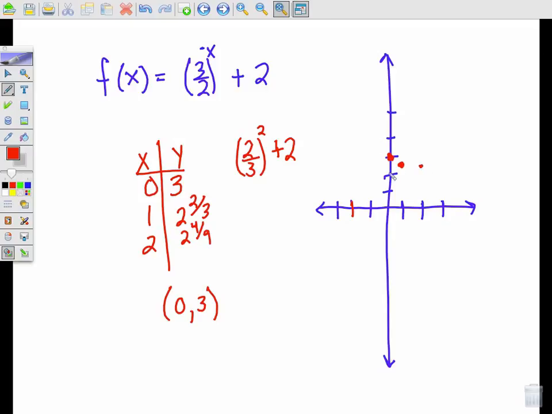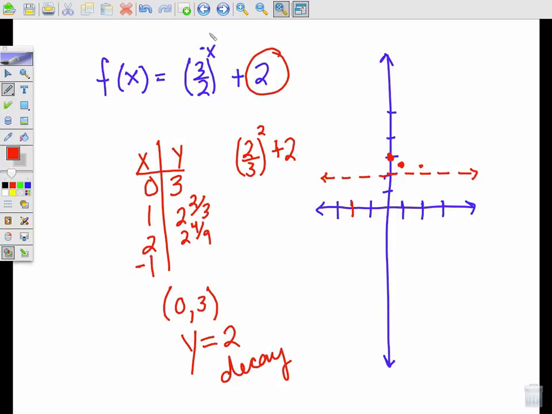You can see here that it's getting smaller and smaller, which is indicating that I've got a horizontal asymptote at 2. And if my graph truly is being shifted up 2 because of the +2, then y = 2 is my horizontal asymptote. This is a decay function.